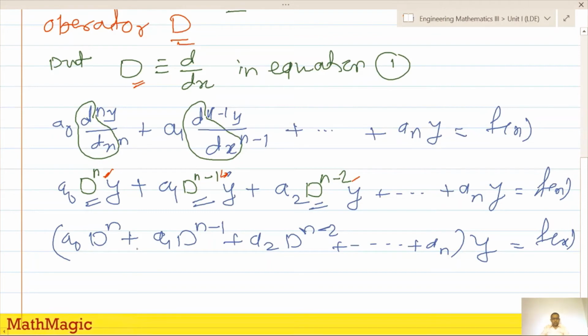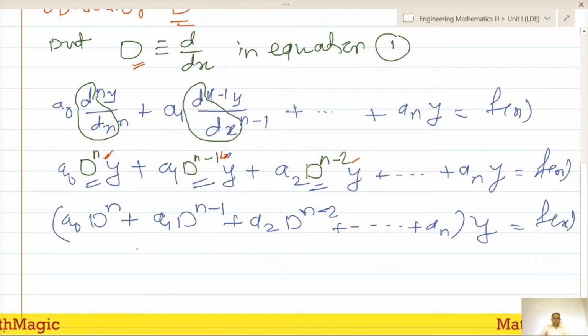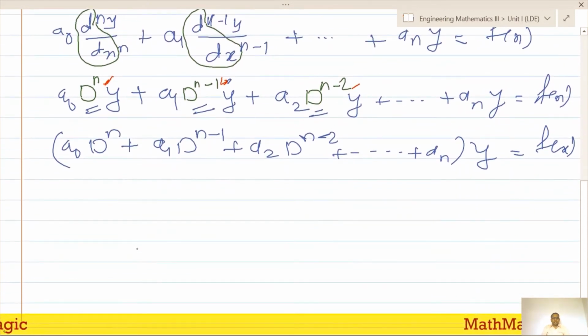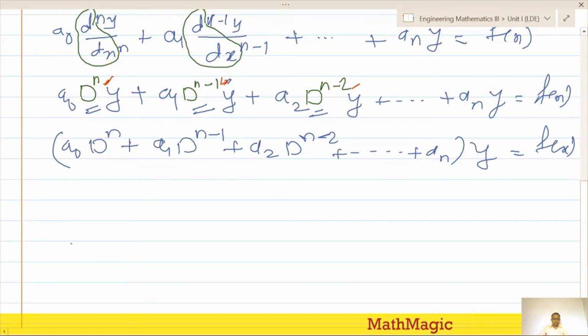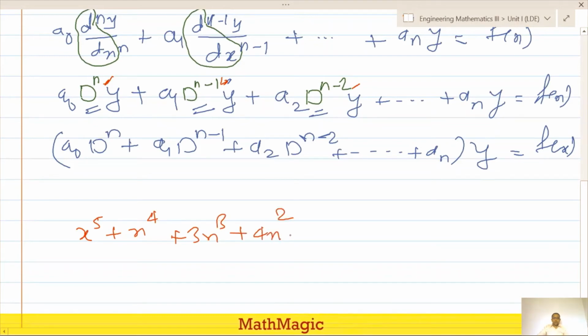Okay, this is a polynomial in D, and let me elaborate on this. For example, x raised to 5 plus x raised to 4 plus 3x cube plus 4x square plus 5x is equal to 0. This is what?